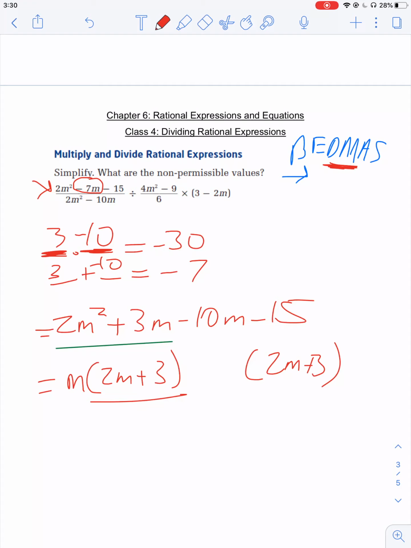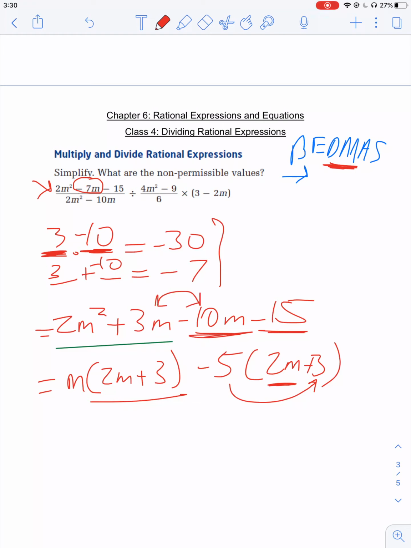Now, all you have to do is ask yourself this question: what do I need to multiply 2m by to get minus 10m? The answer is minus 5. Then check, does minus 5 times 3 give me minus 15? Yes, it does, and it should, because this is designed to work. Once you find the combination, it will work. If it doesn't, then you'll have to swap the middle terms.